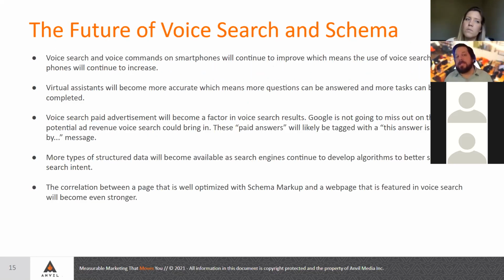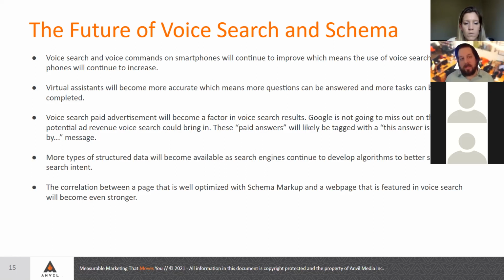So where do we see voice search and schema going in the future? Voice search and voice commands on our smartphones are going to continue to get smarter. They're going to continue to get better, with added functionality. Your apps, anywhere from your Instagram down to your bank app, might have additional voice features. I know I've seen some already implemented.